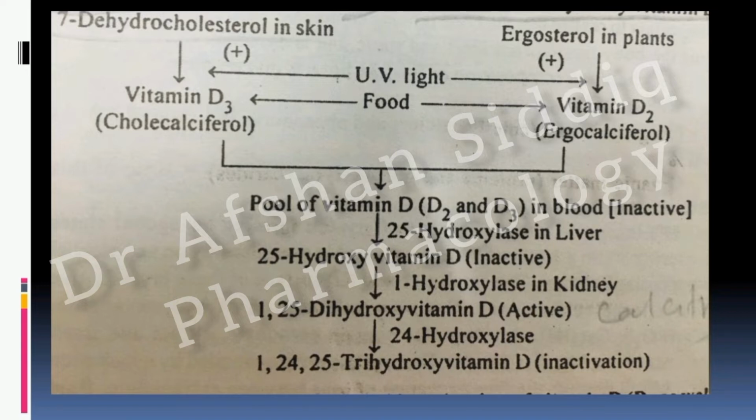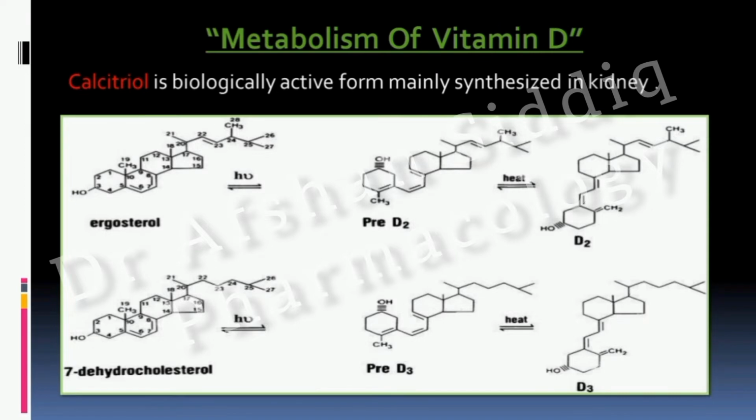In the second slide in my presentation, I have shown the chemical structure, how it is modified from inactive to active form. Now come to the complete formation of the active form, that is calcitriol. Calcitriol has 3 hydroxyls attached. First, vitamin D binds with the vitamin D binding protein, DBP.